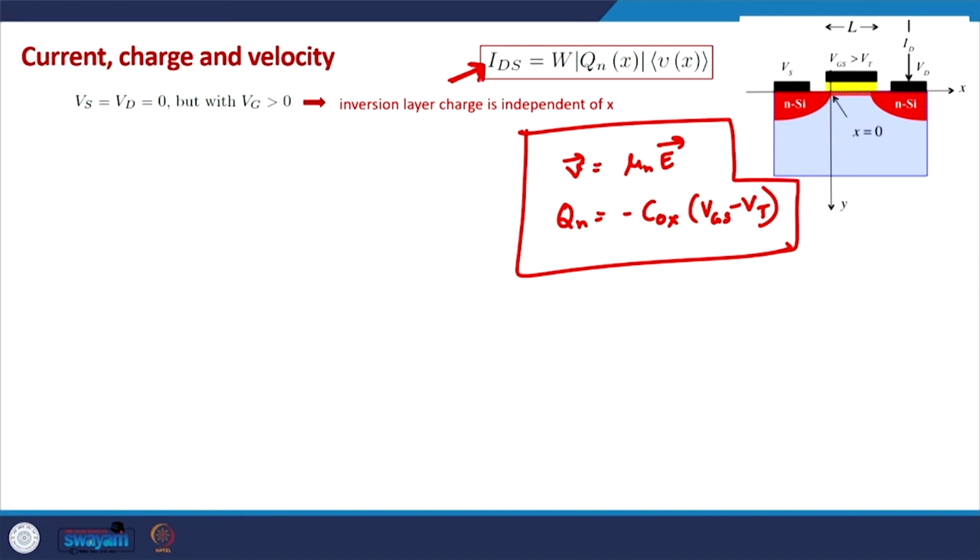I would recommend that you try putting these values in this expression and see how the IV characteristics look. In the coming class, we will do the detailed analysis of the IV characteristics using the traditional approach.